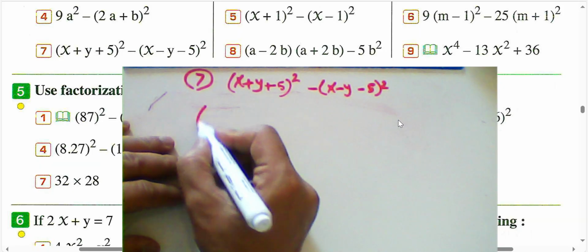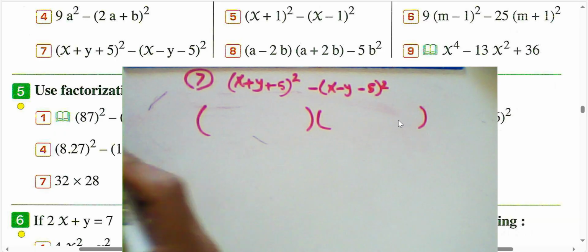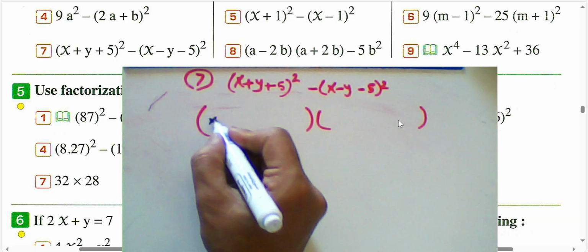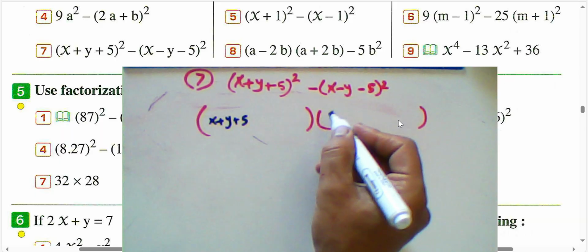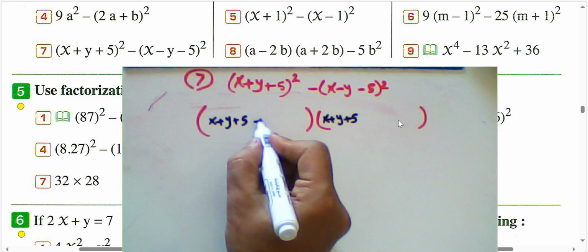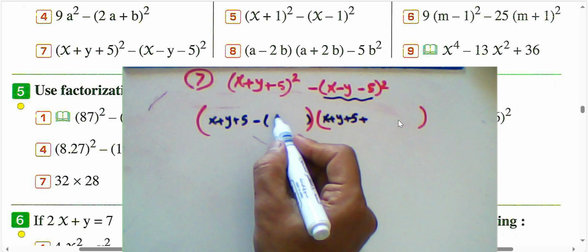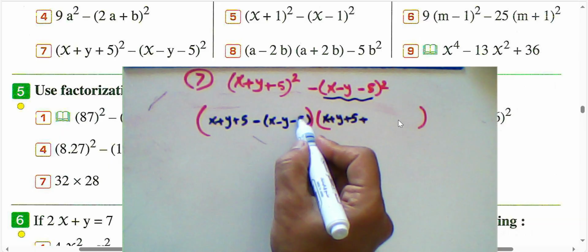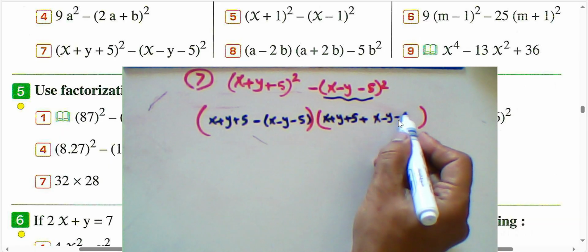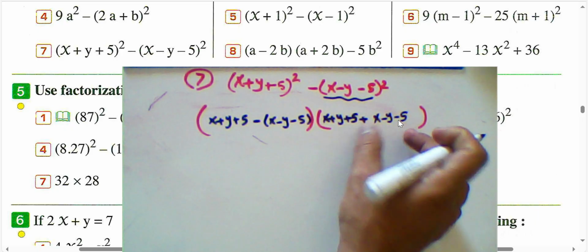You can write two brackets and repeating these brackets times itself, x plus y plus 5, and here x plus y plus 5. Write negative and positive. This expression x minus y minus 5, and this expression by positive x minus y minus 5. تاخد بالك ان النيجاتيف بتغير اكسبريشن، البوزيتيف مش بيغيره، بكتبه زي ما هو.